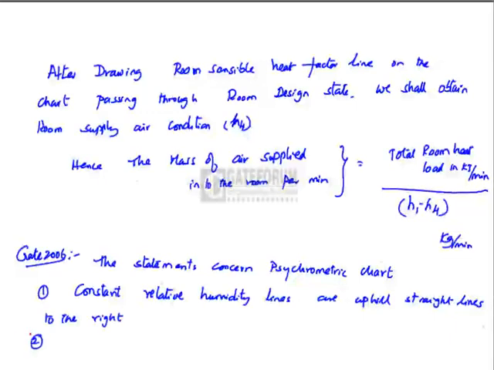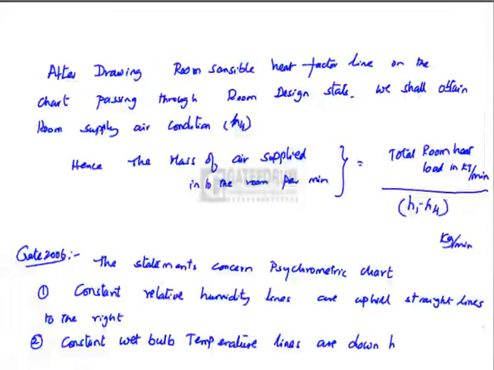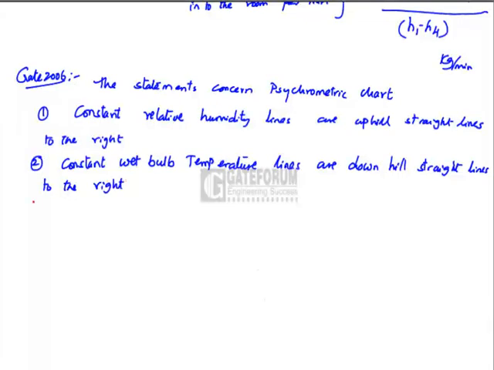Number 2. Constant wet bulb temperature lines are downhill straight lines to the right.